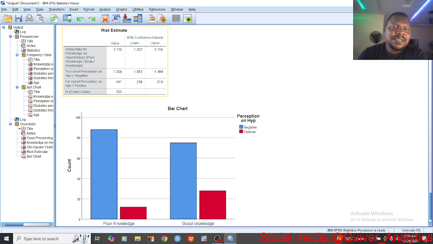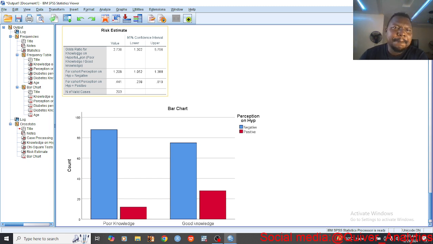Likewise for perception, which is the dependent variable, what is being predicted: if we're interested in people having negative perception, we put negative first in the coding. If we're interested in the likelihood of people having good perception, then we'll put good perception coded as 1.